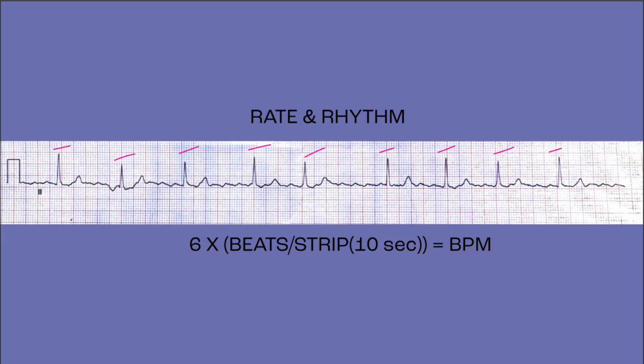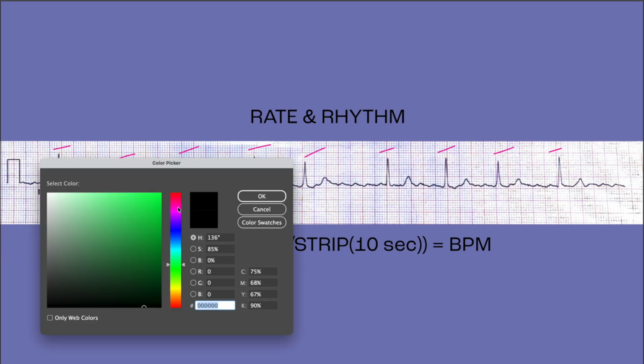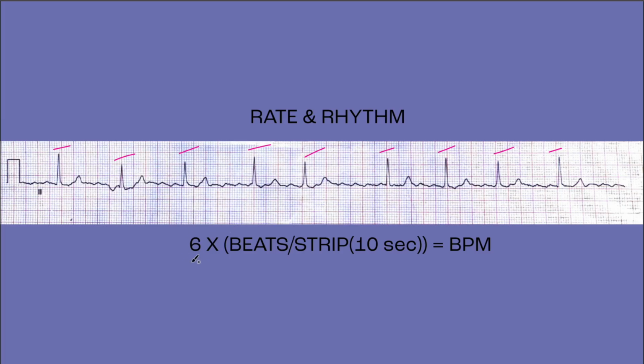So I have 10 seconds here. To get up to a full minute, I'm going to have to multiply this times 6. 6 times 10 gives you 60 seconds or a full minute, right? Since we have 9 beats here, 9 times 6 will give us a heart rate of 54.